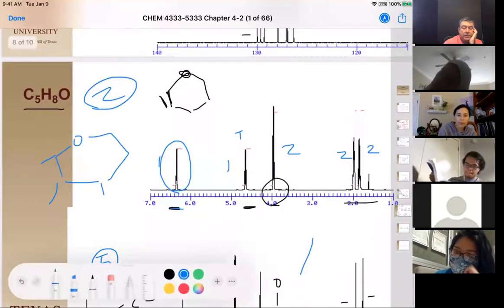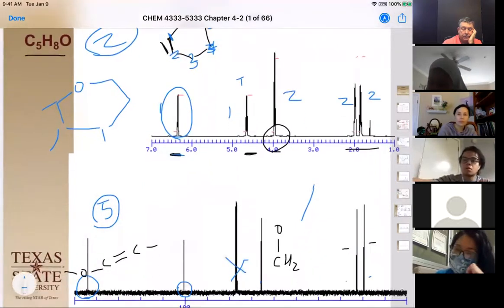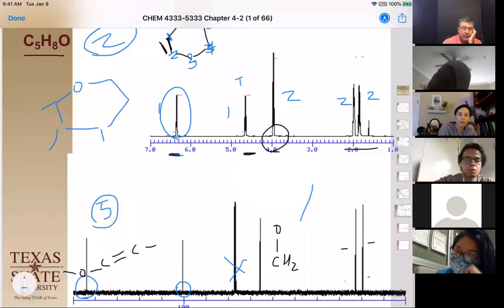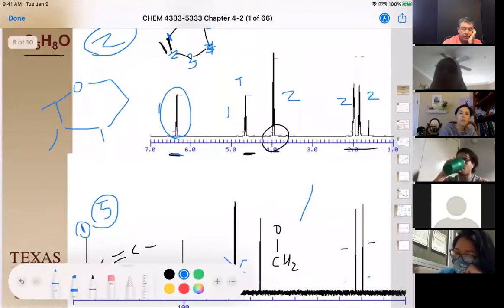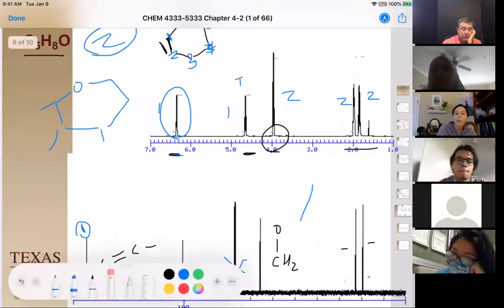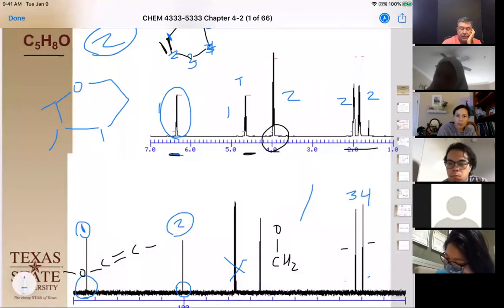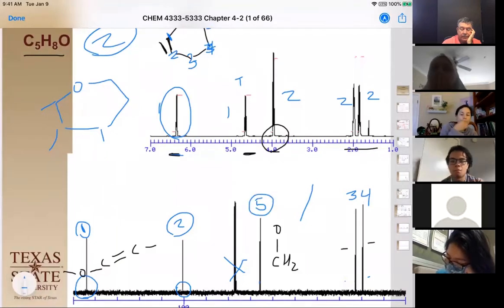So let's see. This would be carbon 1, carbon 2, carbon 3. I'm sorry, carbon 2, carbon 3, carbon 4, carbon 5. I would call this carbon 1 because of the alkene plus the oxygen, carbon 2 for the alkene, carbons 3 and 4 because they're the farthest away from oxygen, and this makes this carbon 5.